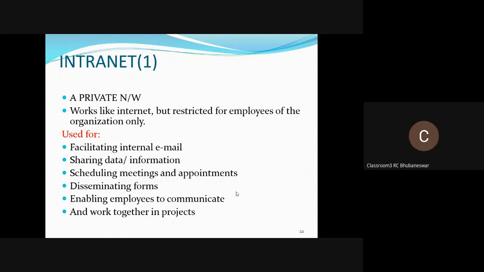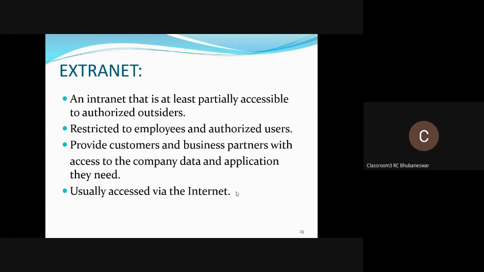For that purpose we are using it. Mainly, the first sentence we have to use is: this is a private network. Second, it works like the internet but is restricted for the employees of the organization only. This is the intranet. And I have to say extranet: an intranet that is at least partially accessible to authorized outsiders.